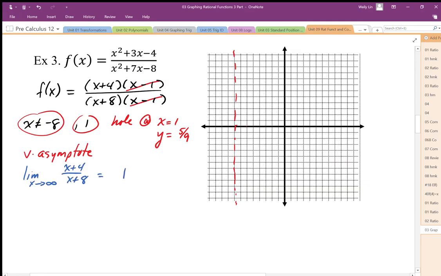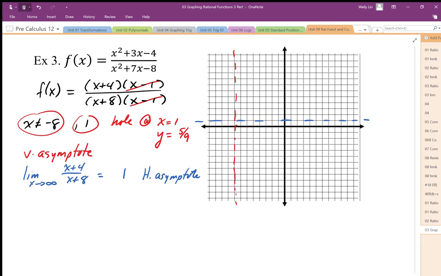That's equal to 1. So I'm going to draw in my y equals 1 horizontal asymptote. So I get my horizontal asymptote from my limit.